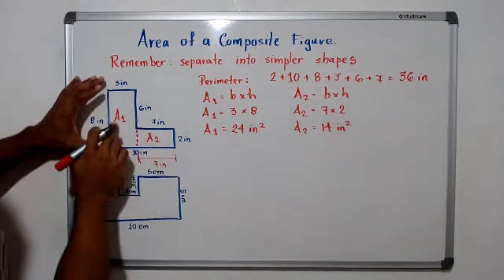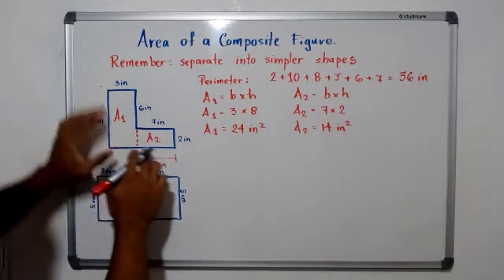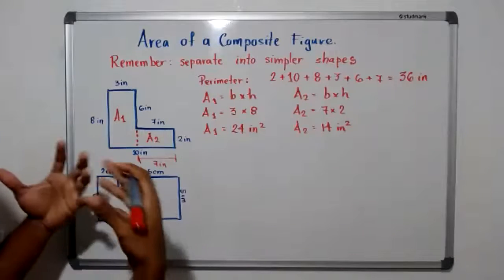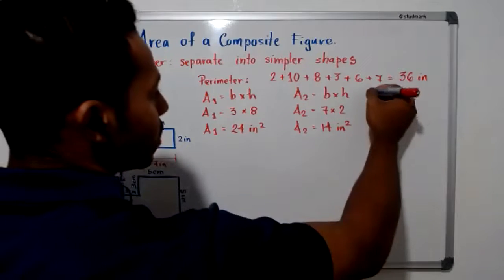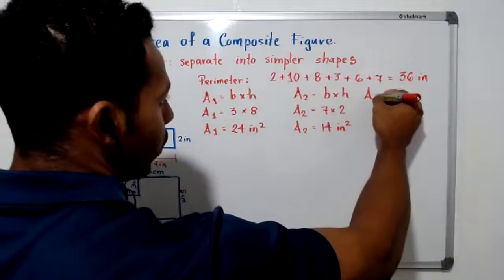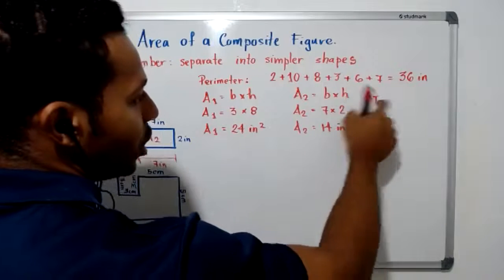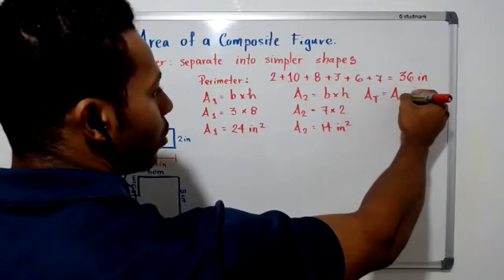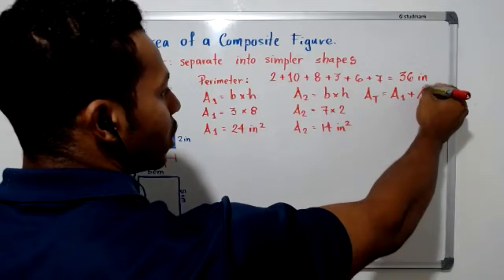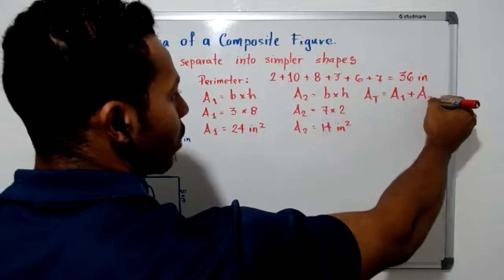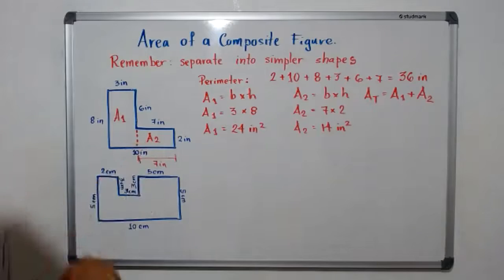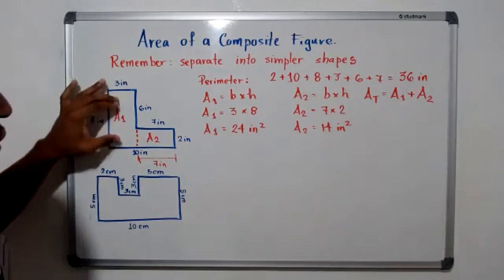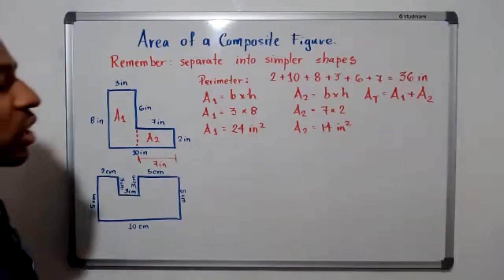Okay, so we calculate the area of number 1, rectangle, number 2, second rectangle, and the total area. What is the total area? I'm going to place the letter T, that is the total, the addition of the area number 1 plus the amount of space of the second shape.